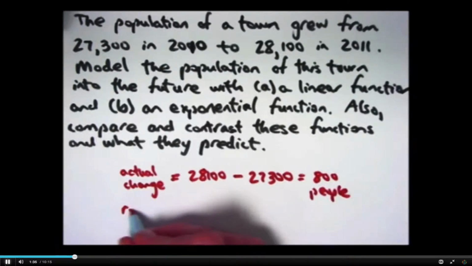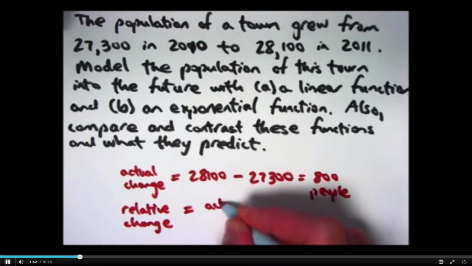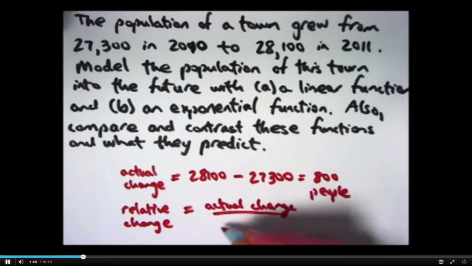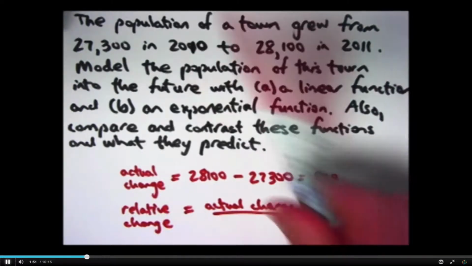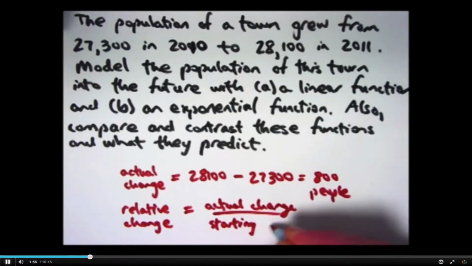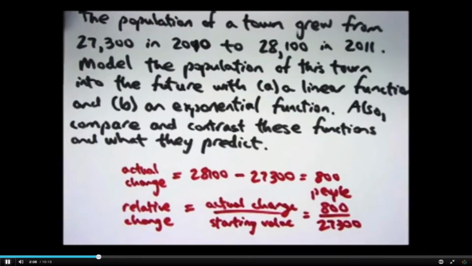What's the relative change? That would be the percentage change. You take the actual change, which was the 800, and divide by the starting value, the value in the first year that we have in 2010. I'll just call it starting value. So 800 divided by 27,300, and if you've got your calculator, go ahead and do that.